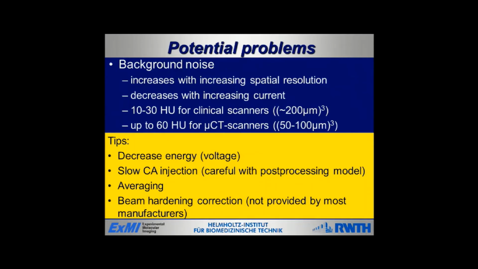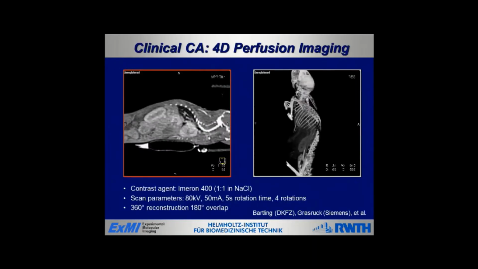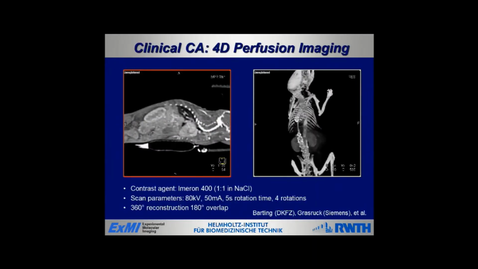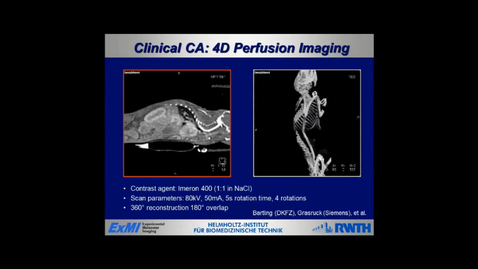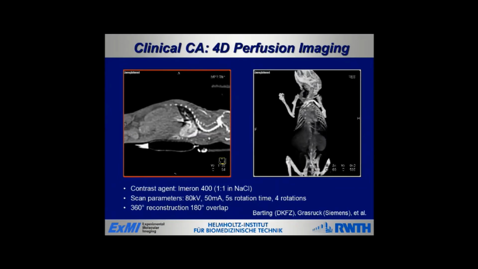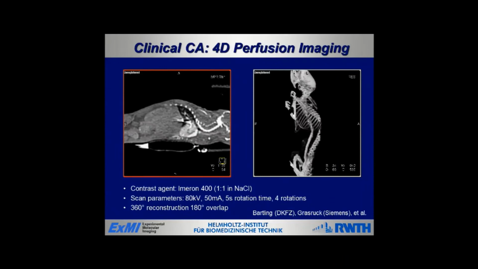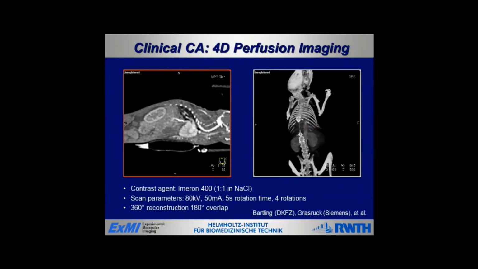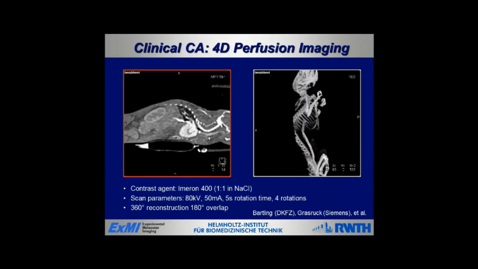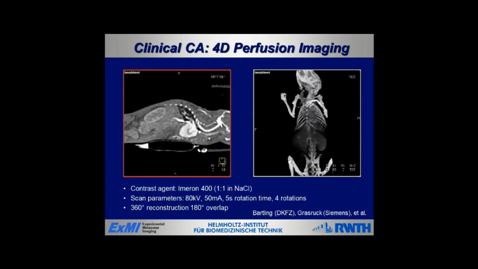You can do more averaging between pixels to decrease the background noise, and of course you can also do some kind of beam hardening correction, which unfortunately is not implemented in most scanners. Nevertheless, if you do everything correctly, it works. You can do dynamic contrast enhanced micro-CT scans, for example, and the advantage in this application is that you have a quite good degree of quantitativeness here, and you can image a whole mouse and all organs within one examination.